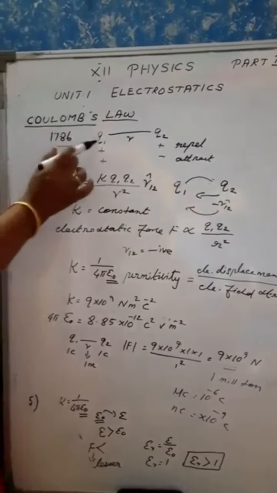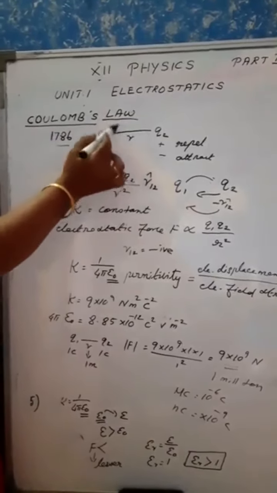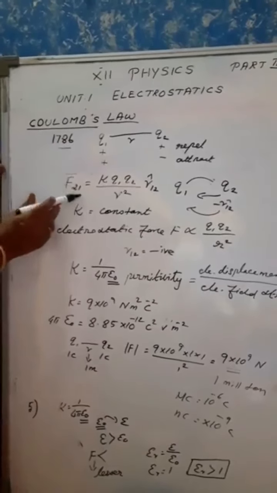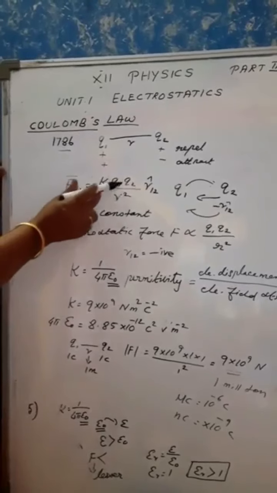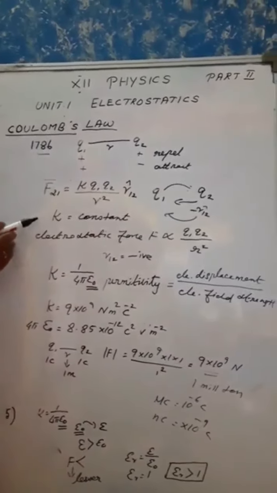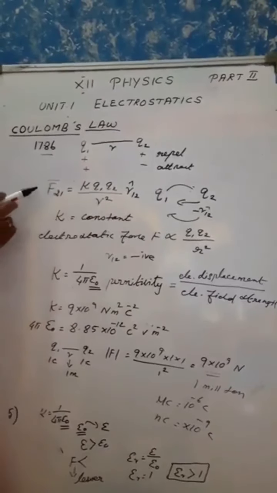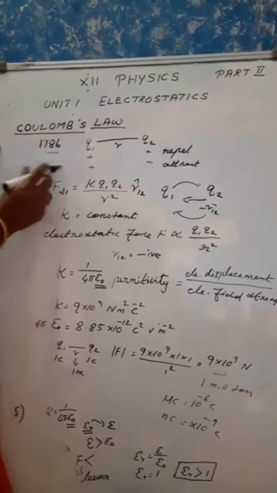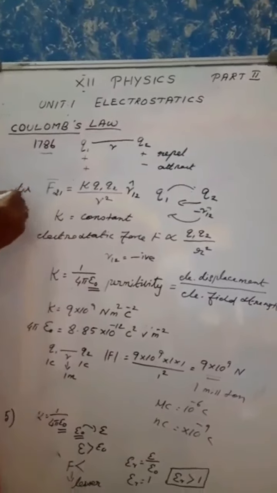So, one charge exerts a force on another charge. That force we calculate by the formula F21 vector equal to K into Q1 Q2 by R square into R12 cap. Here, we use the vector form because from Coulomb's law we derived the directions, and that's why we put the vector form.